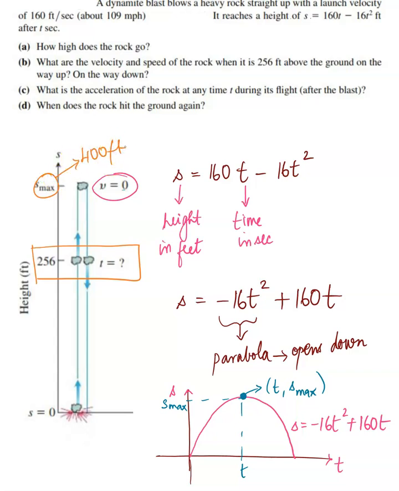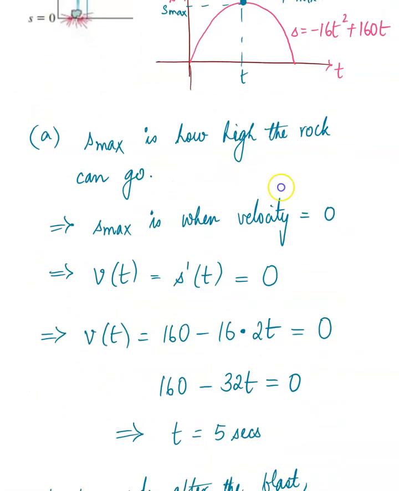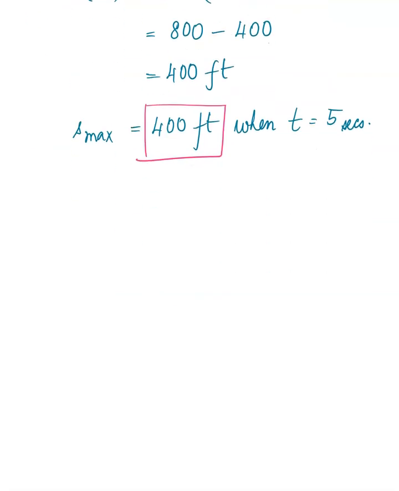So you will cross 256 feet on the way up to 400. So the rock crosses 256 feet on the way up and on the way down. So they're asking us to find the velocity and the speed of the rock when it is at that particular height. So let's come down here and respond to B.